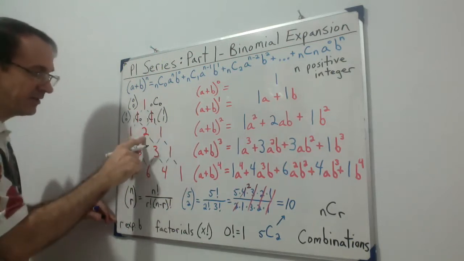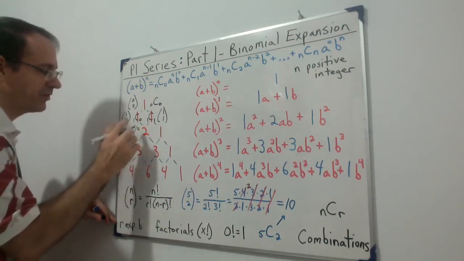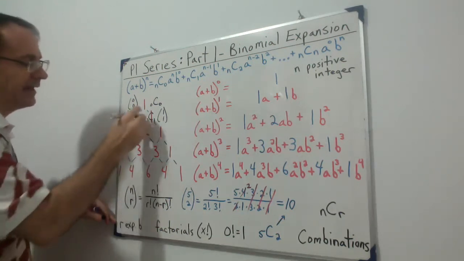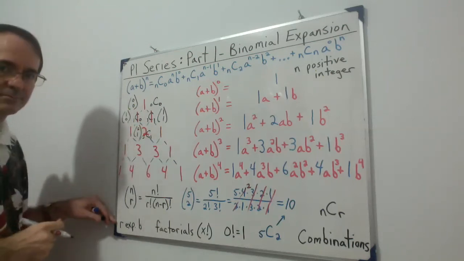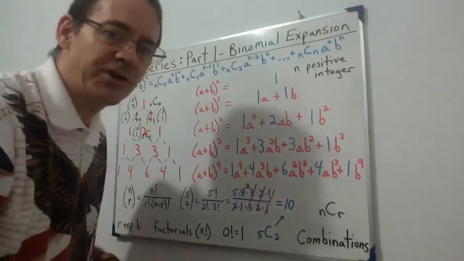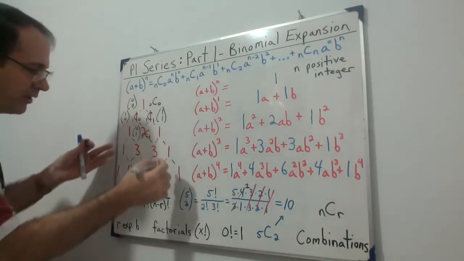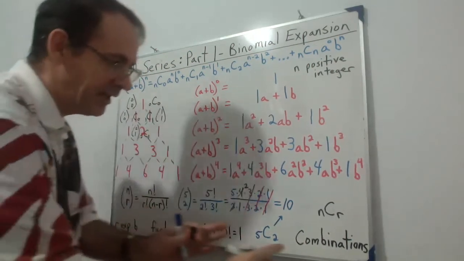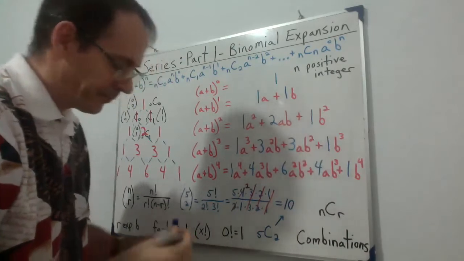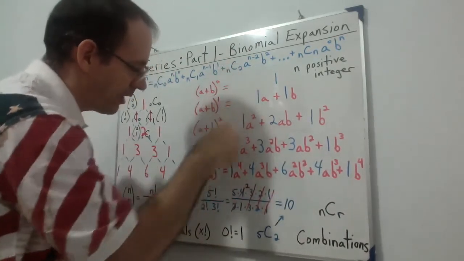This one, let's look at the 2. The 2 would be a 2, this is 0, so this would be a 2, 1. And as an NCR, it would be 2C1, like that. I don't know if that shows up well on the screen, but you can go through and replace all of these numbers either with the Pascal's notation or with the NCR. Again, most important thing to remember, n is the number out here.